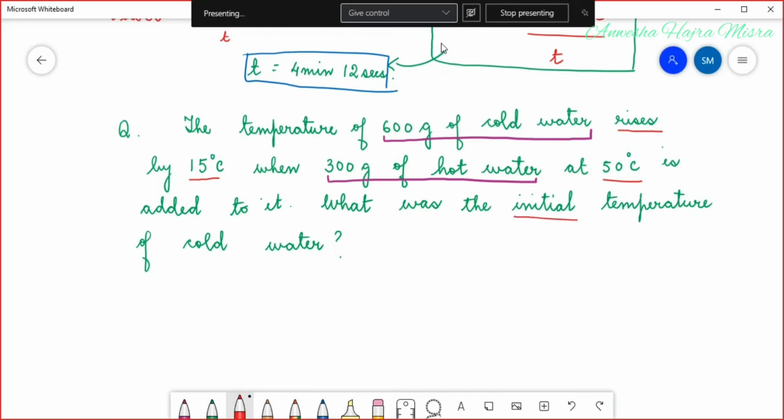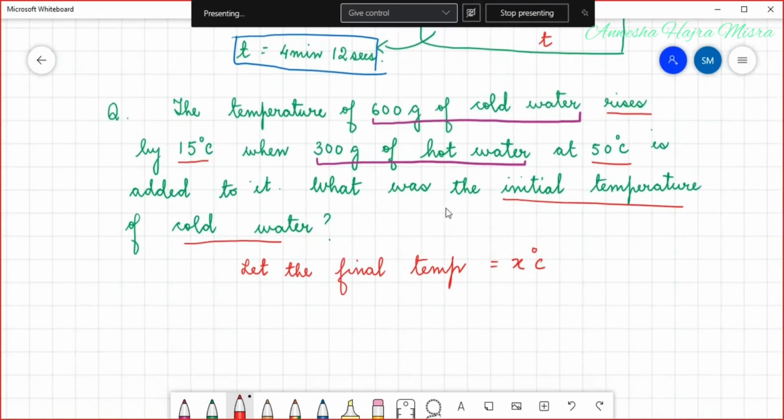What was the initial temperature of cold water? Now let the final temperature be x.